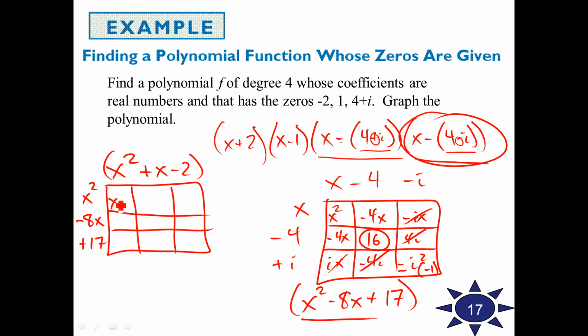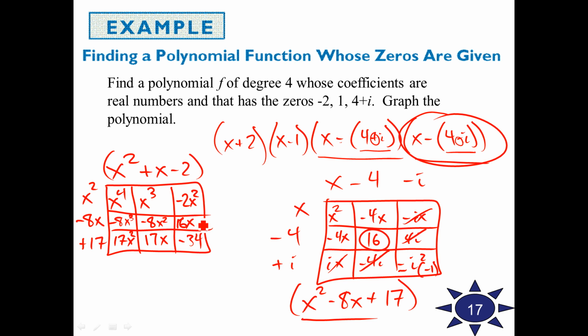So we've got x to the fourth, x cubed, negative 2x squared, negative 8x cubed, negative 8x squared, 16x, 17x squared, 17x, and negative 34.